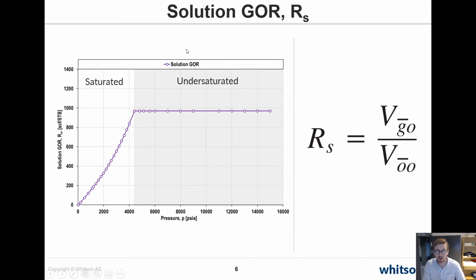Again, just to define where the bubble point is, it's at the same pressure, and above this is again the undersaturated region, and we see that here the solution GOR is constant. And then as we go below this pressure, the solution GOR of the oil phase in the reservoir goes down, because gas is coming out of solution down in the reservoir. So you now have a free gas phase and an oil phase down in the reservoir. And this is how much gas is in solution in the oil phase.